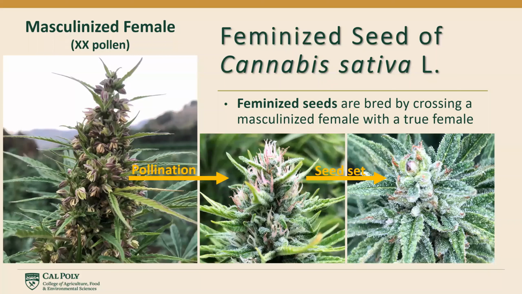The pollen from masculinized hemp that comes from a female is homogametic with XX chromosomes, and that pollen can fertilize other female flowers that also has XX chromosomes, resulting in the production of feminized seeds. So in essence, feminized seeds are bred by crossing a masculinized female plant with a true female plant.